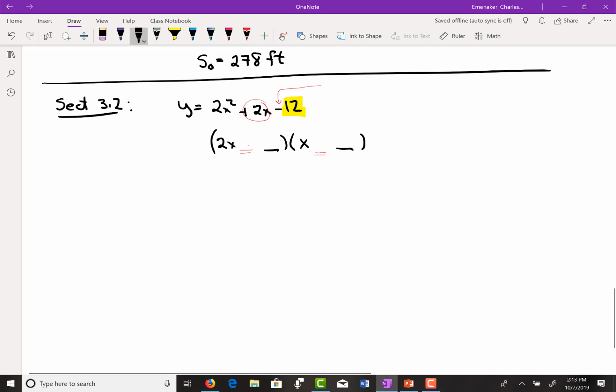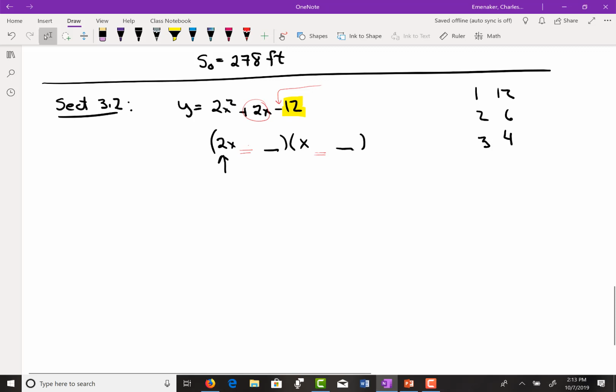All right, so now we've got to tinker around. What are some factors of 12? Well, yeah, 2 and 6, 3 and 4, and twice one of the numbers, because it's going to be multiplied by a 2, minus the other one has to give us a positive 2 back, doesn't it?